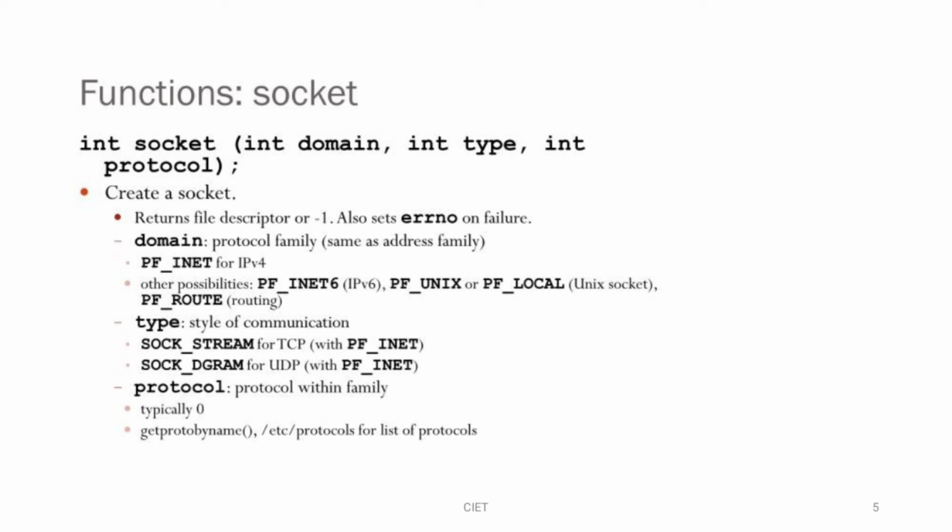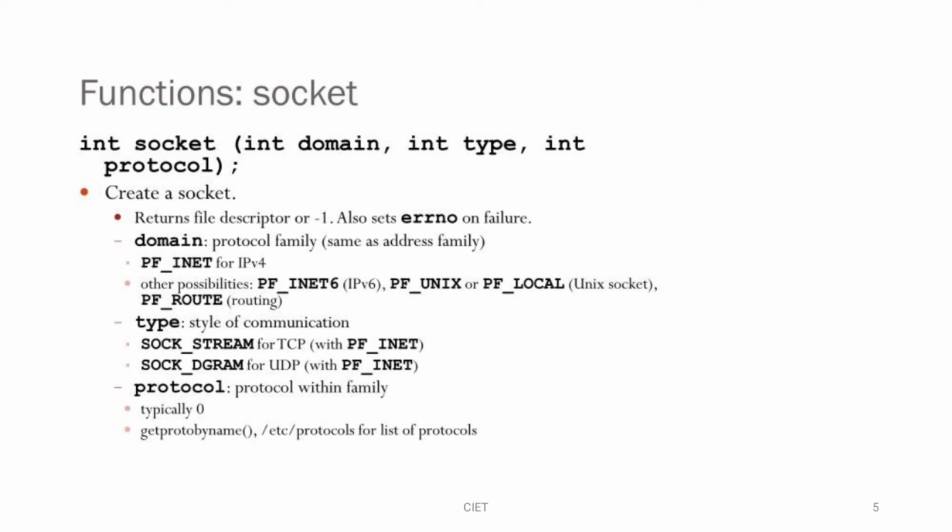And the type is nothing but the style of communication. In the style of communication we can take TCP or UDP, where TCP is SOCK_STREAM and UDP is SOCK_DGRAM. So in that way we have to choose the style of communication.